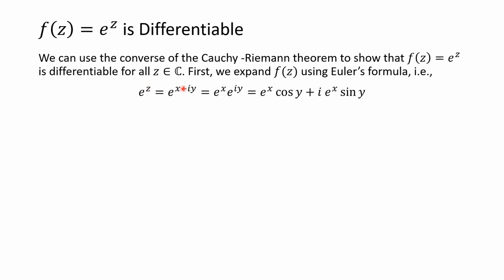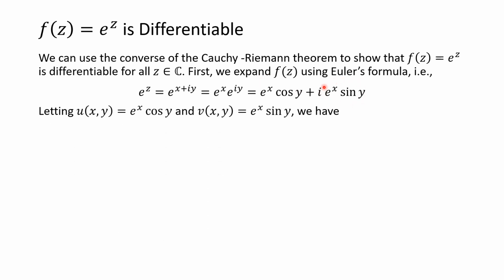So we write z as x plus i y. Then we break it into two parts here. And then we use the Euler formula on e to the i y. We multiply through by e to the x, and this is our real part and this is our imaginary part. So u of x y is e to the x cosine y, v of x y is e to the x sine y.